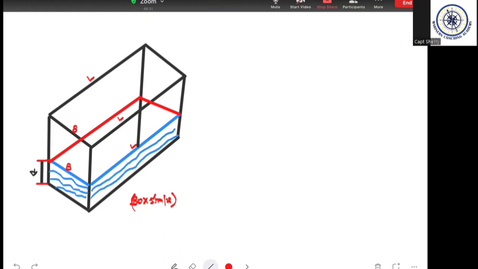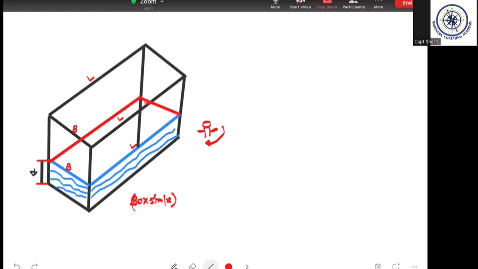So if I send somebody down over here and tell that person to please draw a line at the water surface, at the boundary of the ship, what is this person going to do? This person is going to draw a boundary in here, in here, go to the other side and make a boundary like this.